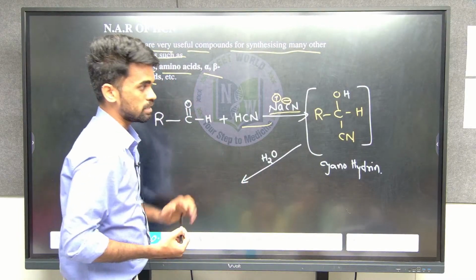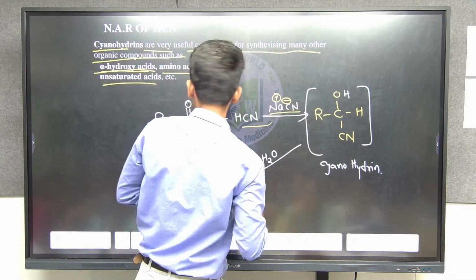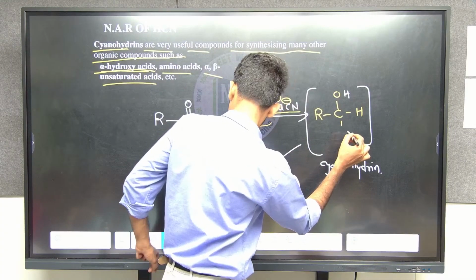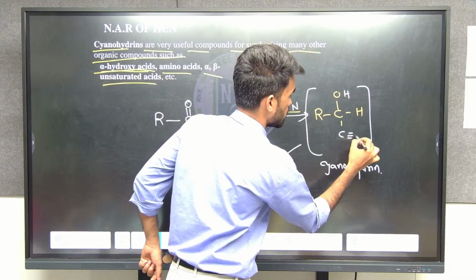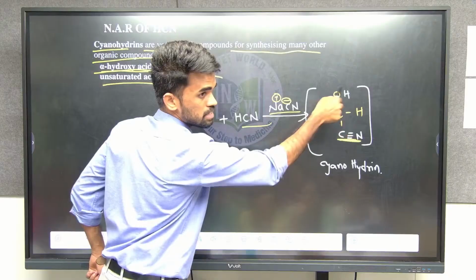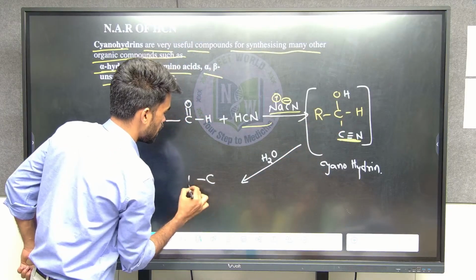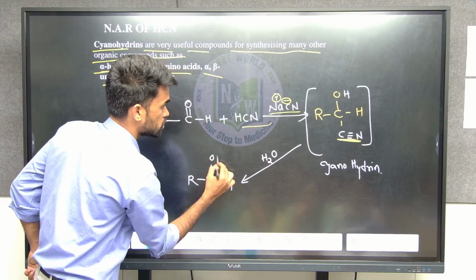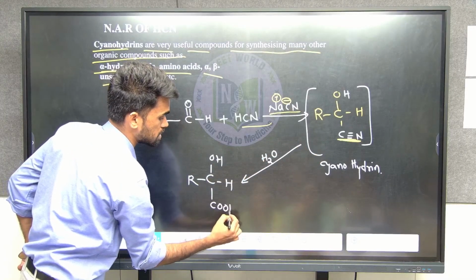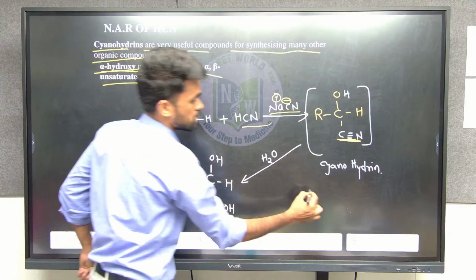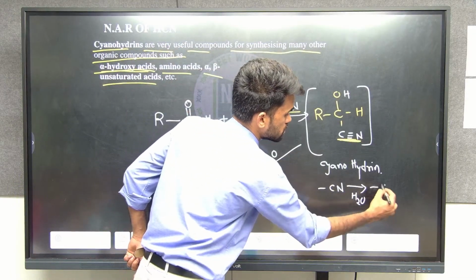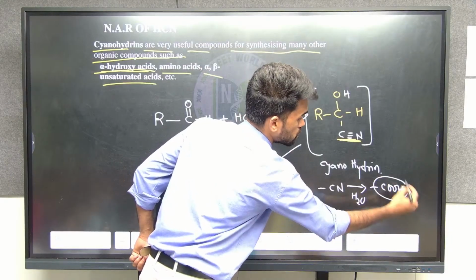If you add water, this cyanide means how many bonds are there? C triple bond N. So you are hydrolyzing this group only now because everything else is saturated there. So C R H OH. Cyanides upon hydrolysis give you carboxylic acid. So cyanides, C triple bond N, upon hydrolysis give you COOH, carboxylic acids.